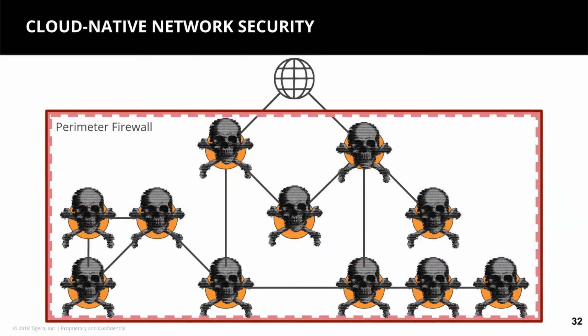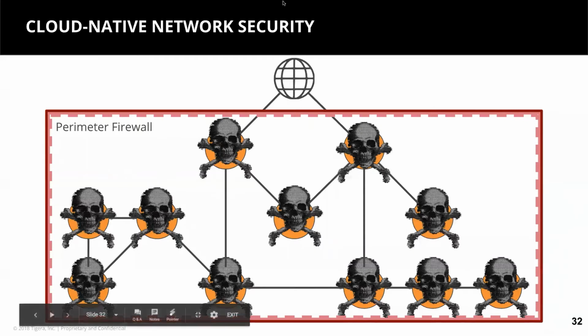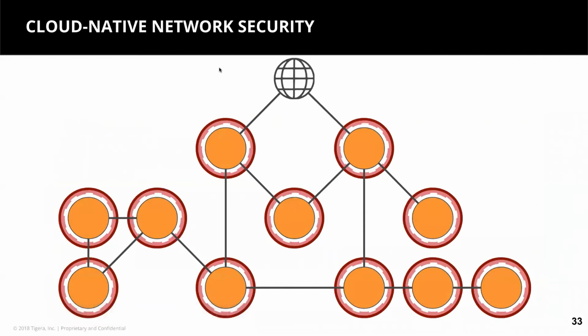The next step then for us to consider is what we really want to do: take that perimeter barrier and shrink it down and put individual barriers around every single microservice within our organization.